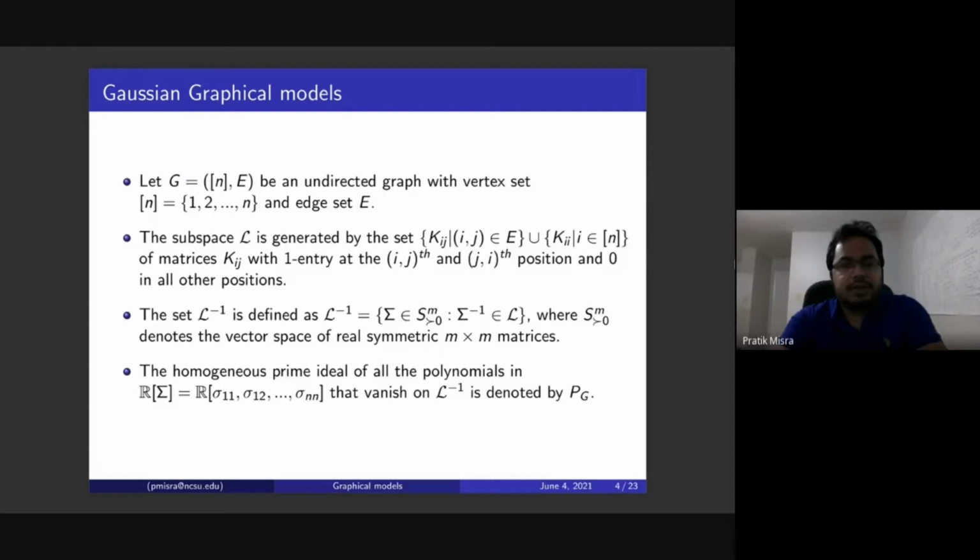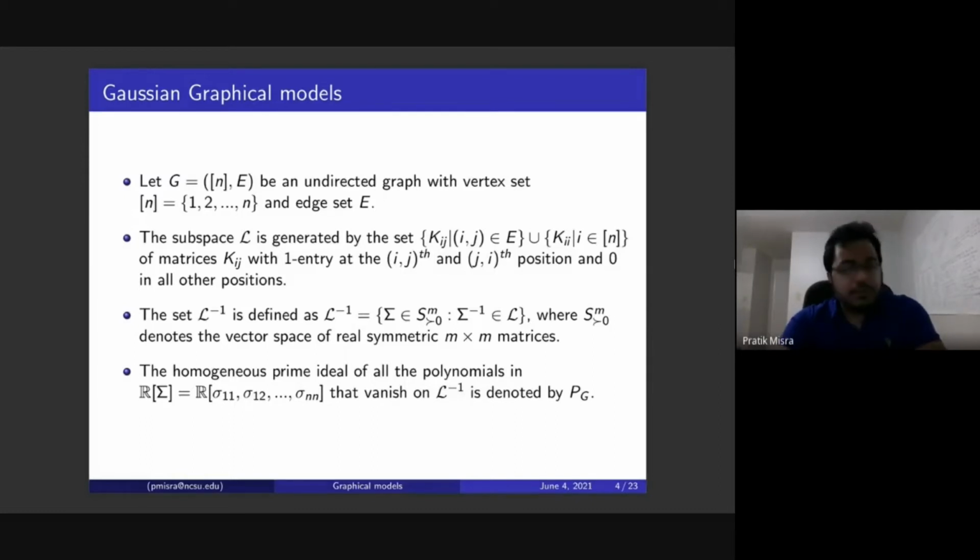For this, we have a graph G, an undirected graph with vertex set with n vertices and edge set E. Using this graph, we define a subspace L that is generated by the matrices Kij, which have 1 at the ijth and jith position and 0 elsewhere. These Kijs basically come from the graph. That is, we take all the Kijs where ij is an edge in the graph G.